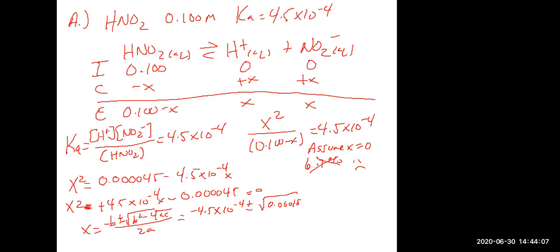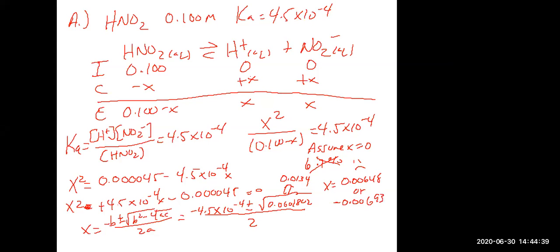You take the square root of that, you get 0.0134, all divided by 2. That's going to give us two x values. X is going to equal 0.00648, or it will equal minus 0.006693, it looks like.